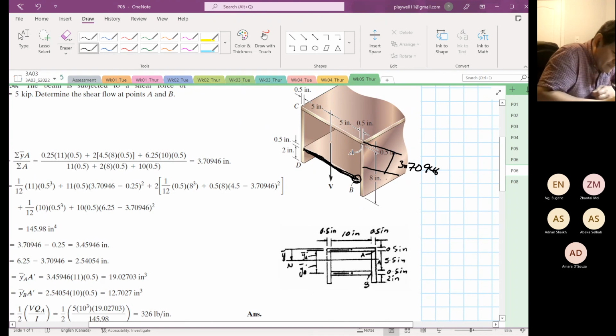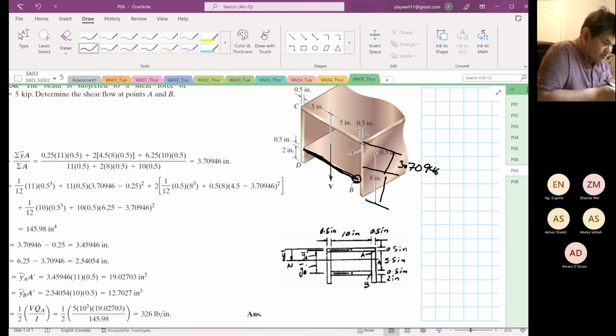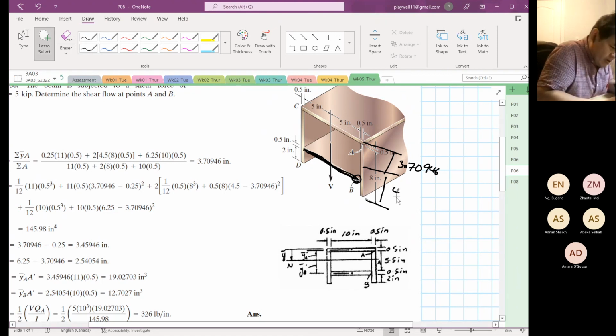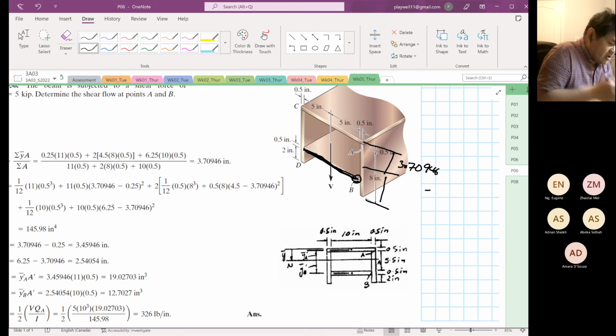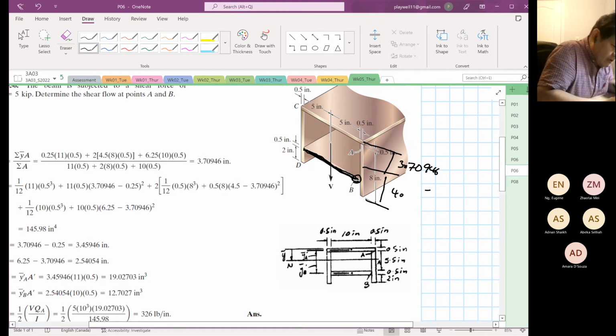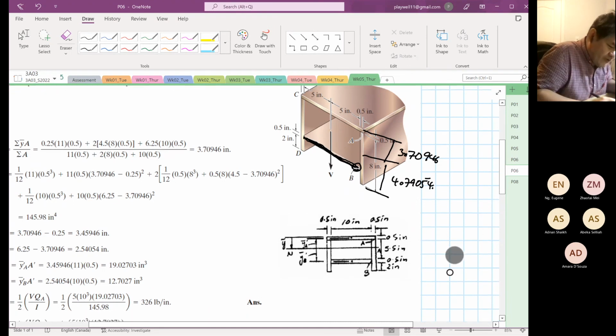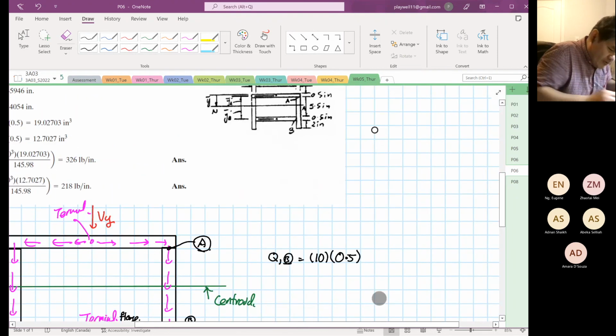So from the bottom is 8 minus 3.70946 is equal to 4.29054. Okay, let me do it again. No, it's 8 plus 0.5. I can be wrong down here. 8 plus 0.5 minus 3.70946 is equal to 4.79054.